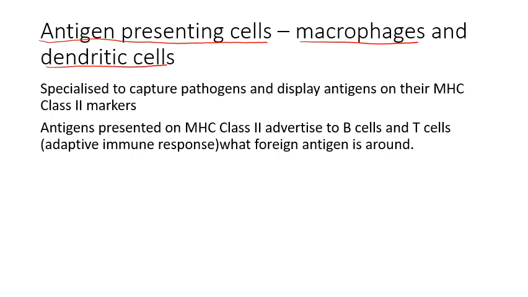So these guys have the special ability to, when they capture a pathogen and they engulf it via phagocytosis and use their digestive enzymes to destroy that pathogen, hold on to some of the pathogen's antigens and display them on their MHC Class II markers.